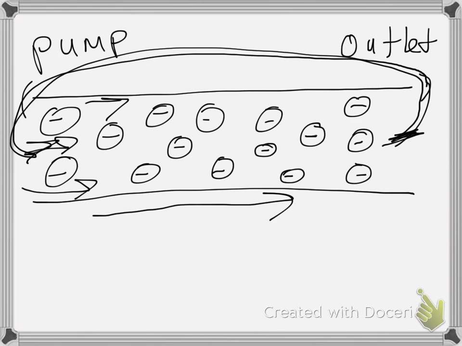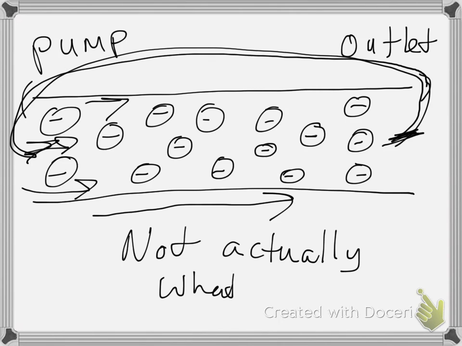So the flow of charge is what we call current, and this is a decent way to visualize it. This is not actually what happens, but it's a good way to try and visualize what is going on.